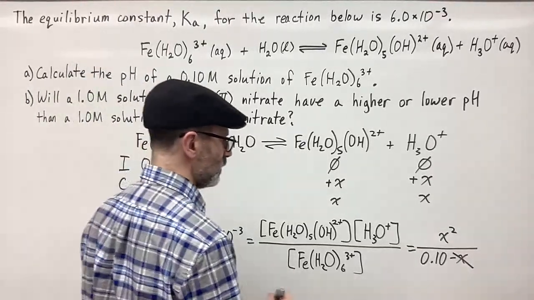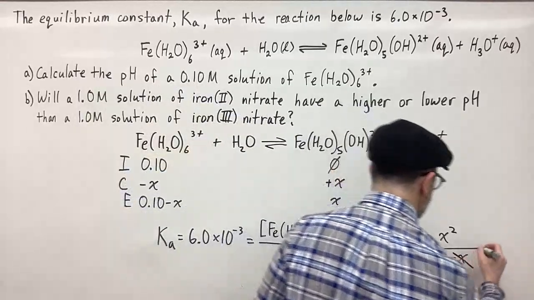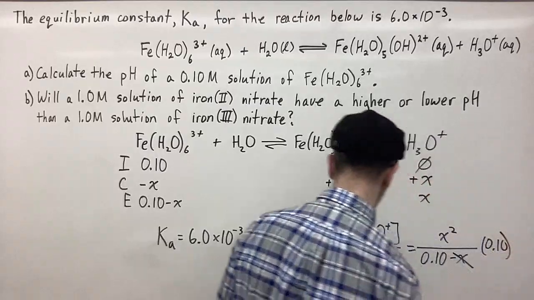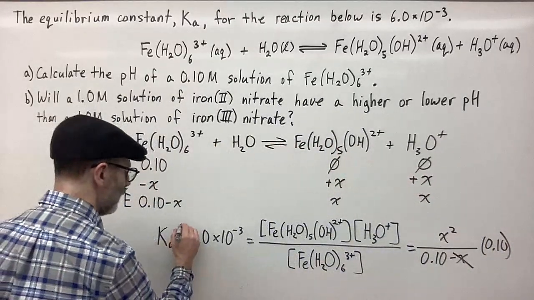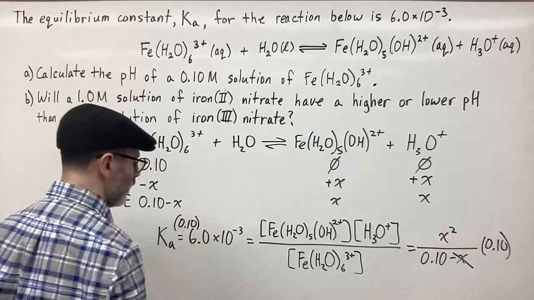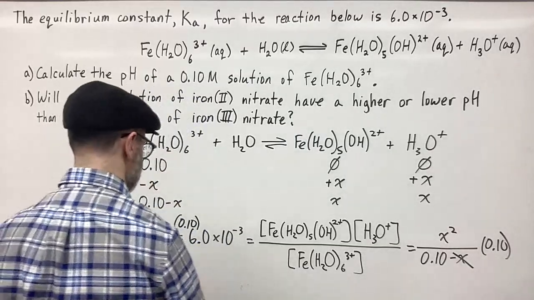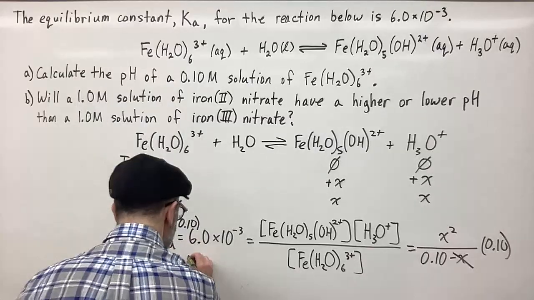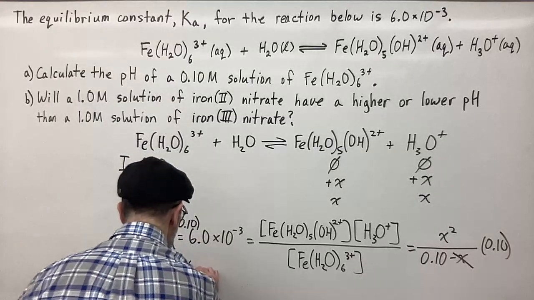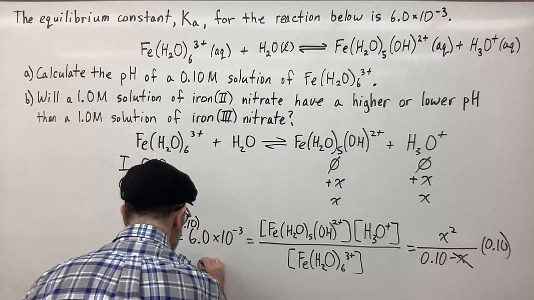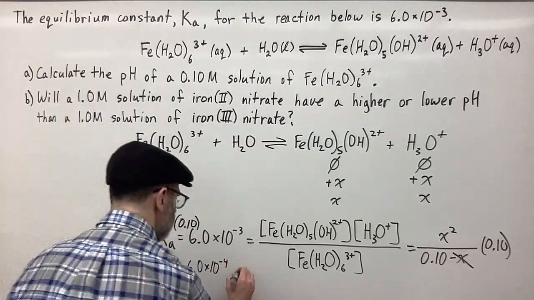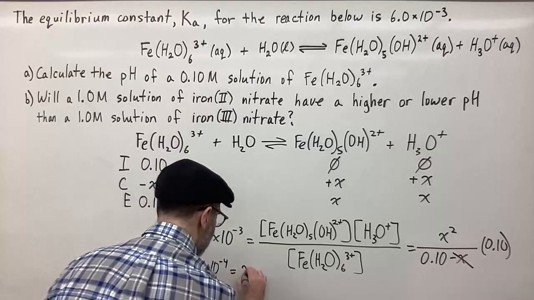Okay, so that means that we can now multiply both sides by 0.10 over here. And then we get this answer, 6.0 times 10 to the negative 4, and that's going to be equal to X squared.